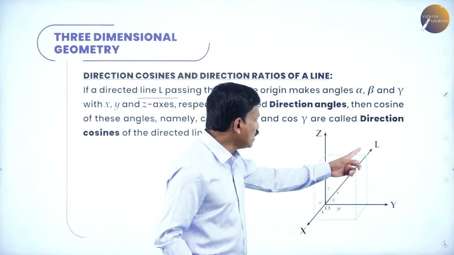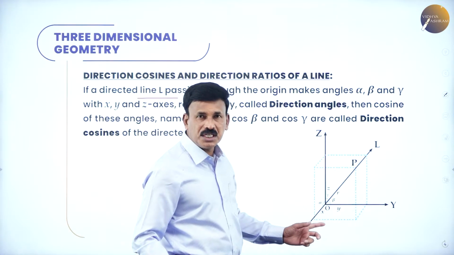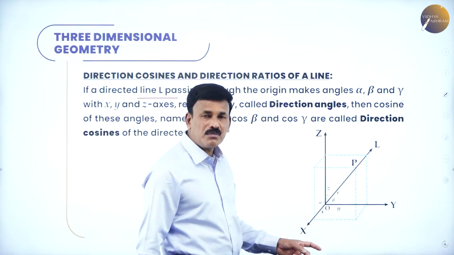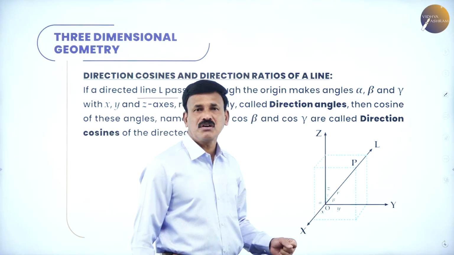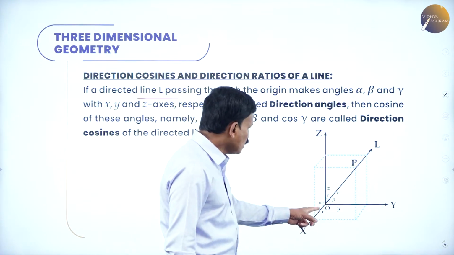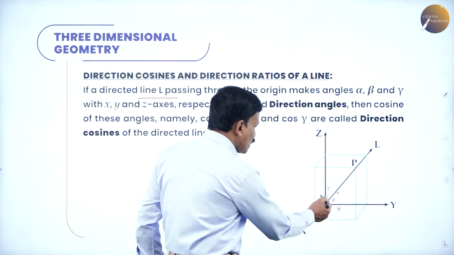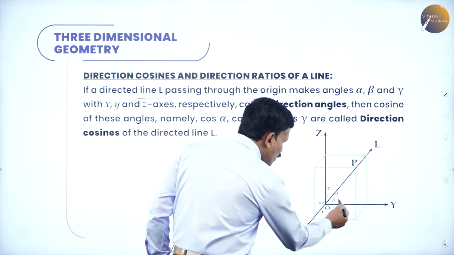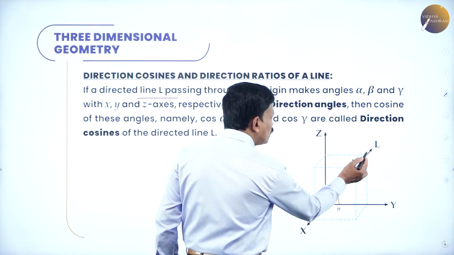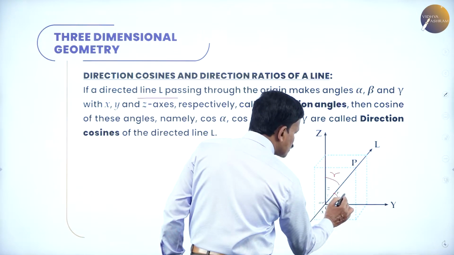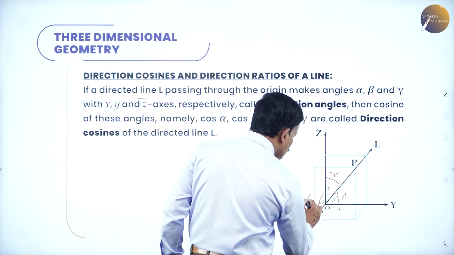The angle between the x-axis and the line is alpha, the angle between the y-axis and the line is beta, and the angle between the line L and the z-axis is gamma.